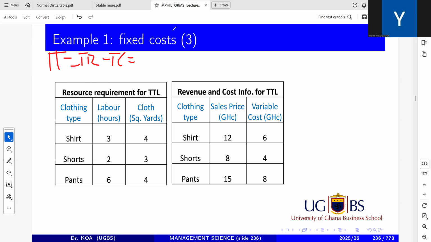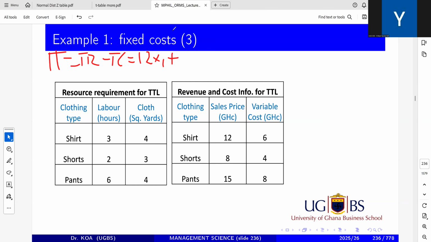Yes, Yasin. So for the first one, 12x1 minus, into brackets. But you want to do the variable cost quickly. I was going to do it like the way you've written it, like total revenue minus total cost.